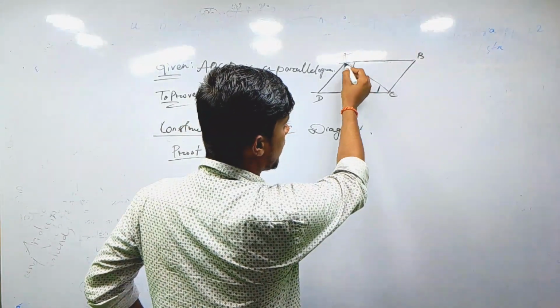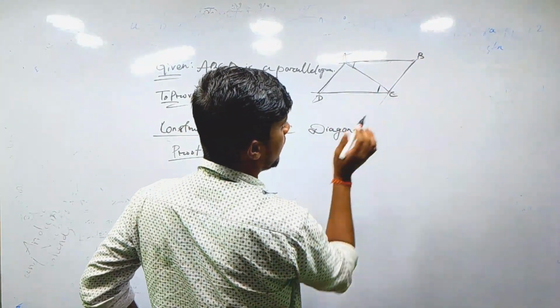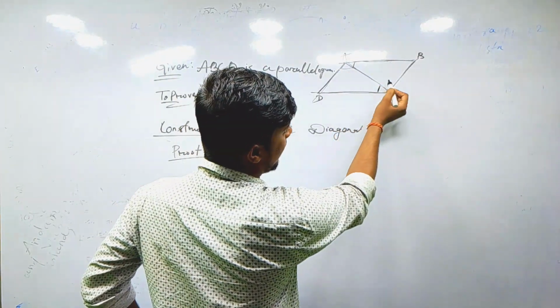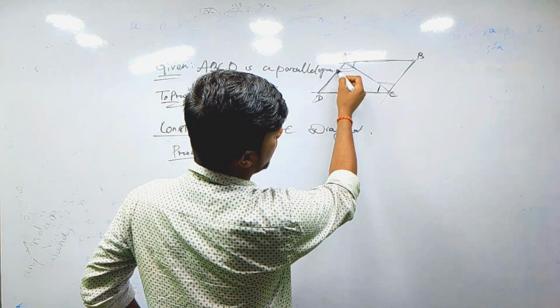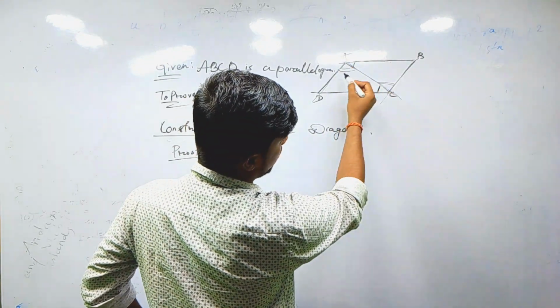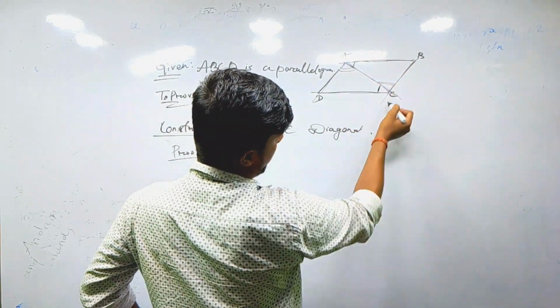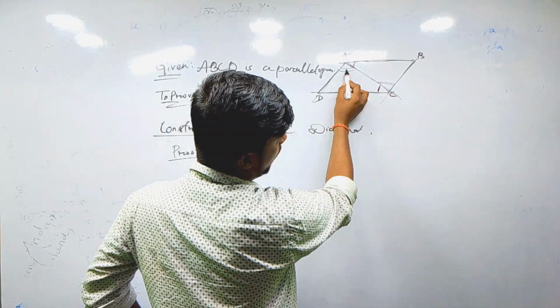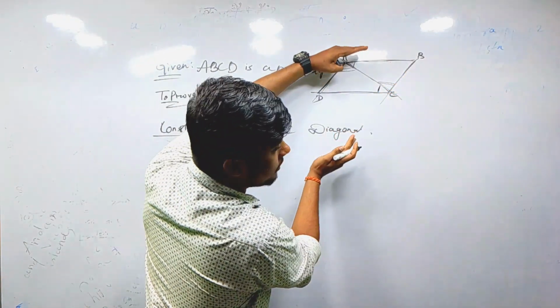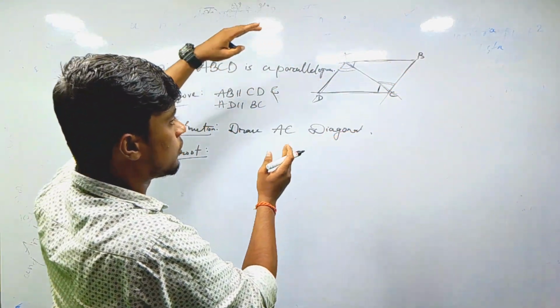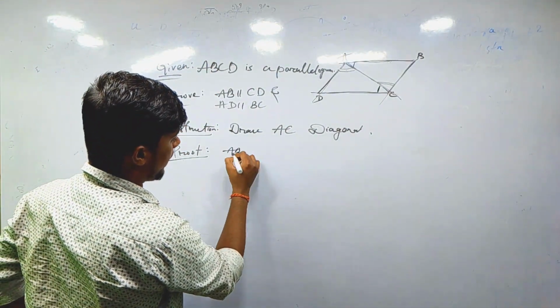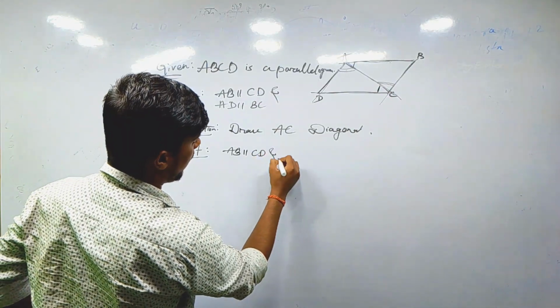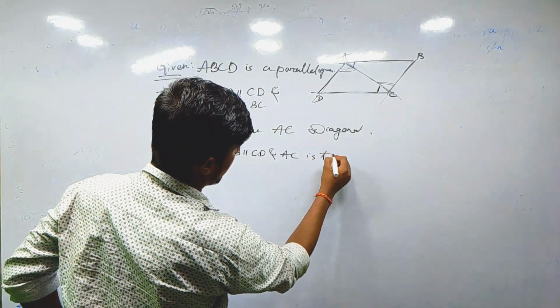In the same way, if AD and BC are parallel, then this angle and this angle will be equal. Why? Because AC is the transversal and these are parallel lines, so these two angles are alternate interior. Just rotate it, you can understand easily. So now we have to write here: AB parallel to CD and AC is the transversal.